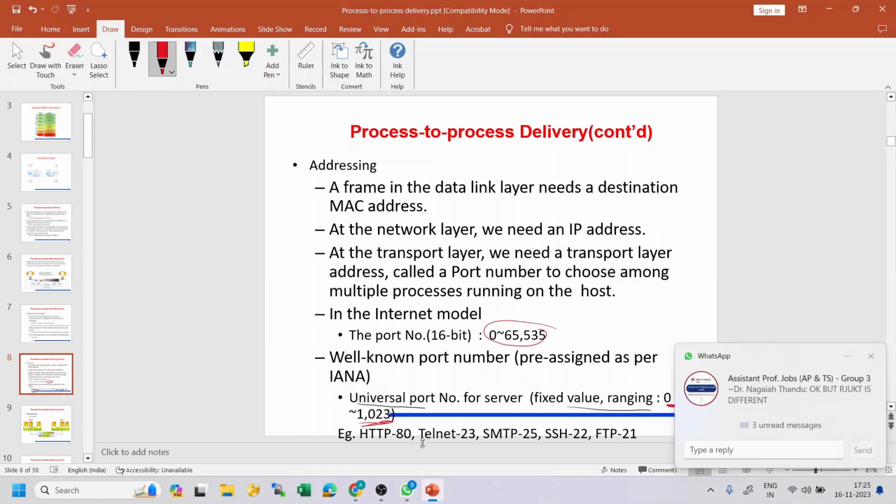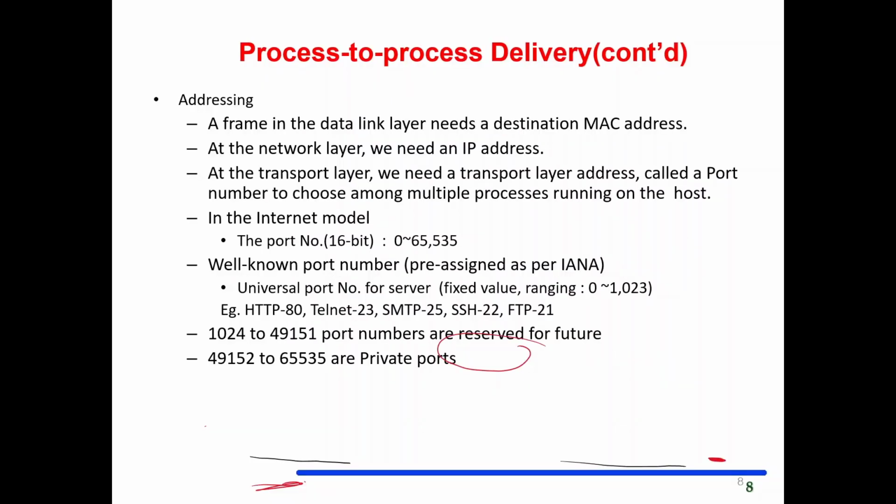For example, if I want to use port number 2, you cannot use it, because it is already fixed for some other purpose or application. You cannot use the values that exist in this range. These values are called universal port numbers, pre-assigned as per the IANA authority.